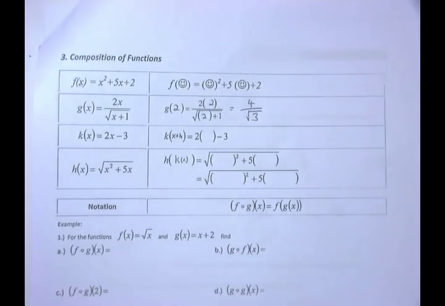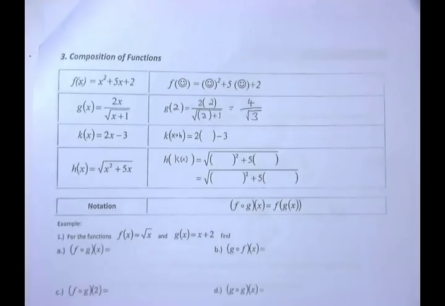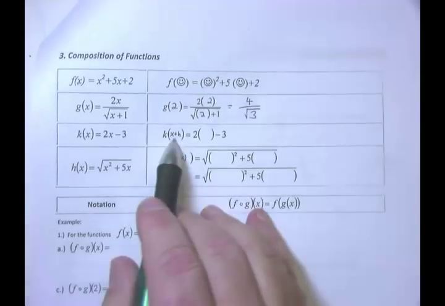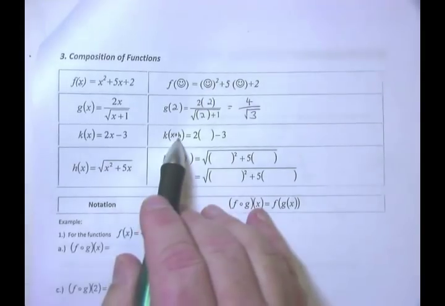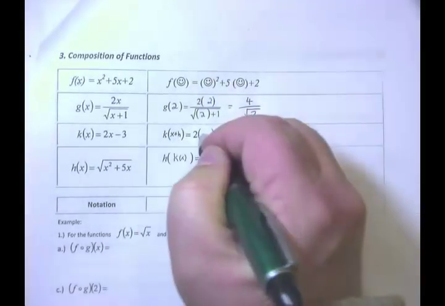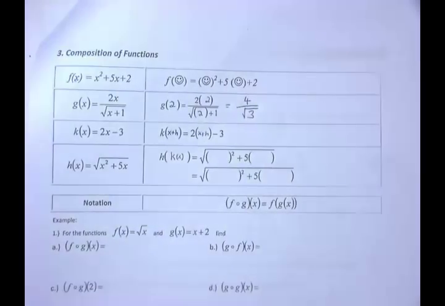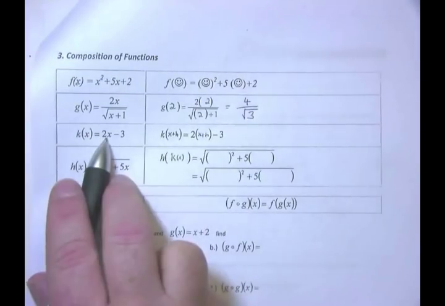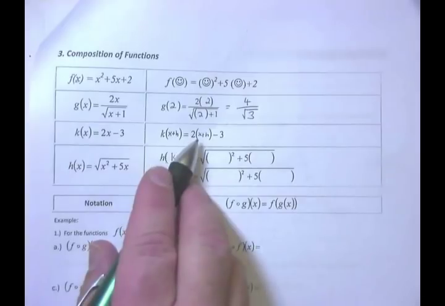We're lovely on that. All right, now, k of x is equal to 2x minus 3. What would k of x plus h be? What am I supposed to do? You're supposed to take that x plus h and do what with it? Plug it in for every x. So replace x with x plus h.